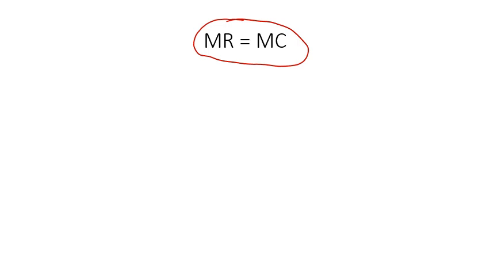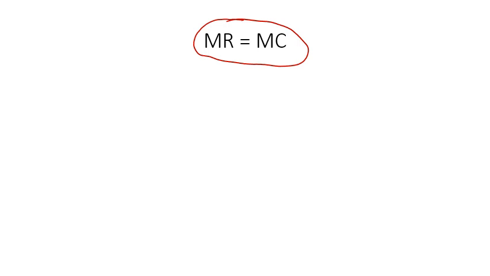So, MR equals MC, this profit maximization, loss minimization point, or identity, is phrased this way. In order for a company to maximize profits or minimize losses, it's the same thing, the last unit which a company produces must contribute as much to total revenue as to total cost.